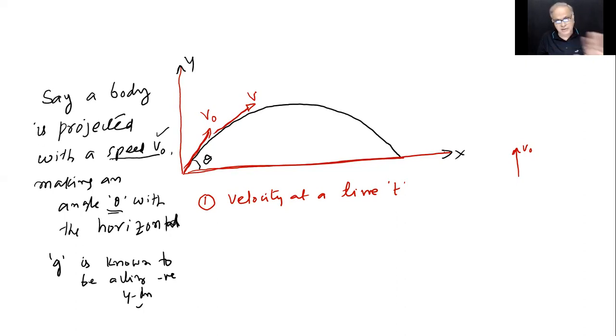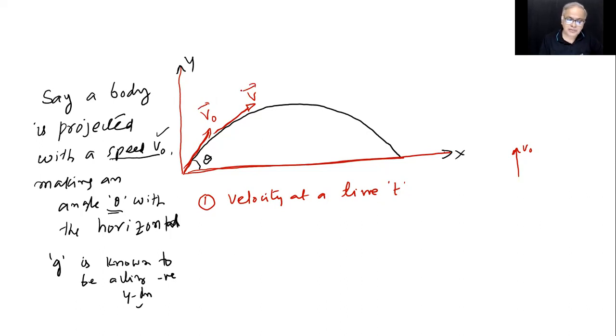Direction of acceleration is never, sometimes it agrees with the direction of motion, but by definition, you can never say that the direction of acceleration is the direction of motion. Why? Because acceleration is change in velocity. So the acceleration will have a direction of change in velocity, not velocity itself. So this is v after some time. You may put bars also if you want.